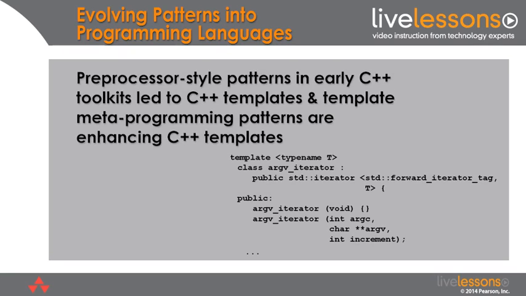Likewise, people doing early C++ programming tended to use preprocessor-style patterns to provide some type of template or generic scheme in the language. That became very useful, so it found its way into C++ and later into Java in the form of parameterized types and generics.